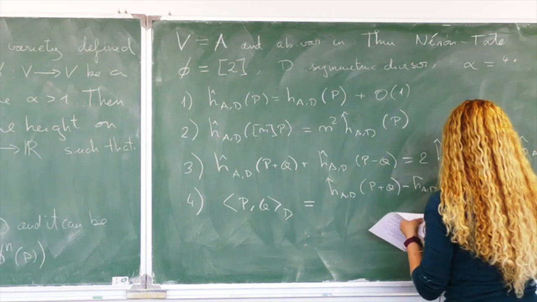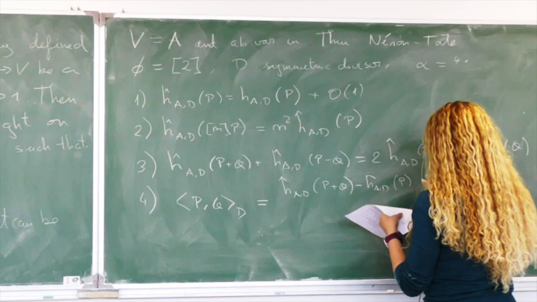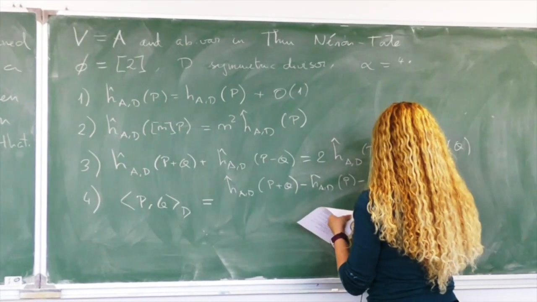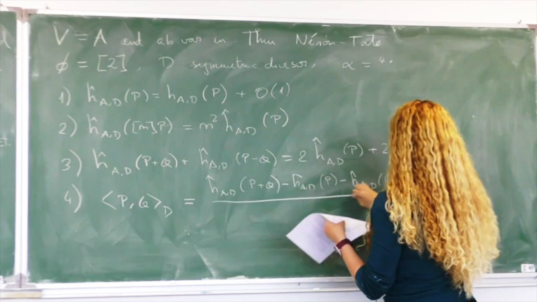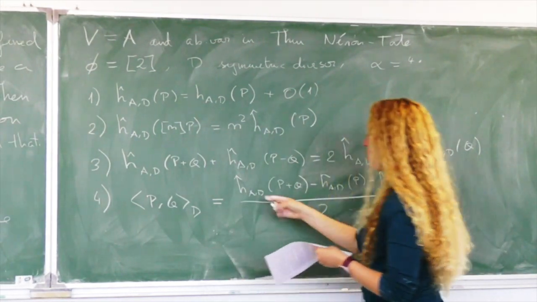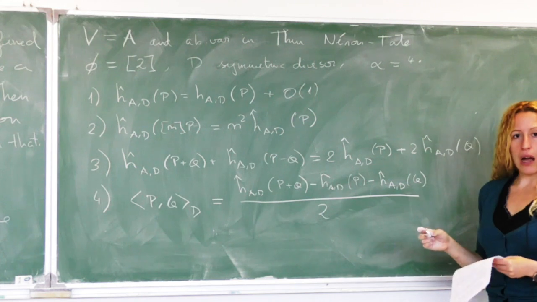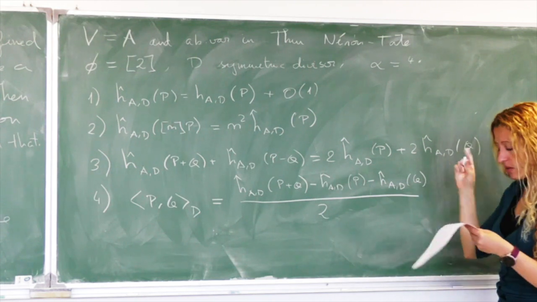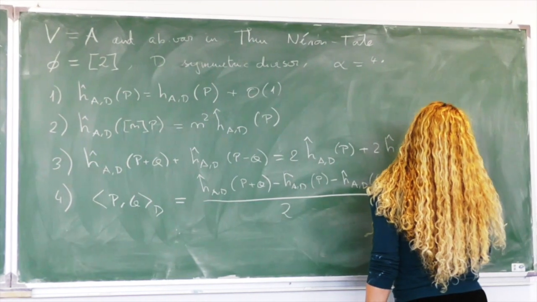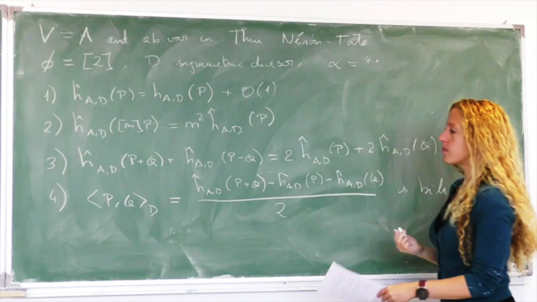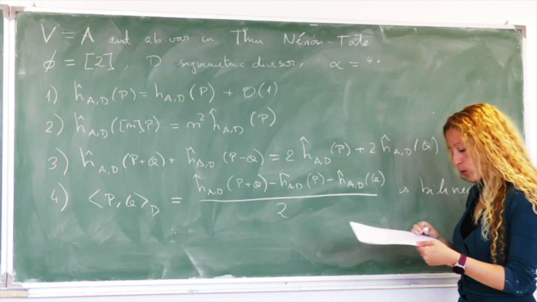It's not exactly the parallelogram equality, but it looks a little bit like it. We take this expression, and with this definition, this pairing is bilinear. Nice, you will see how we use it.